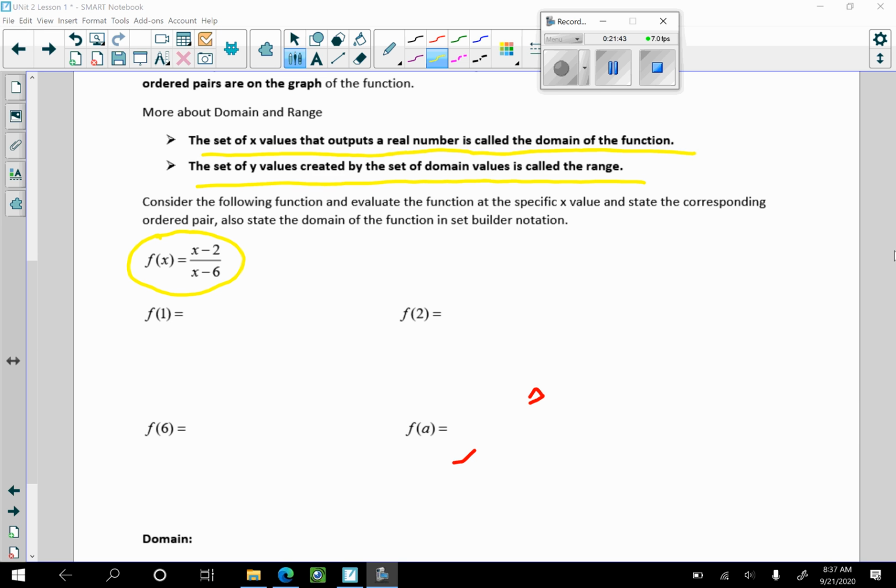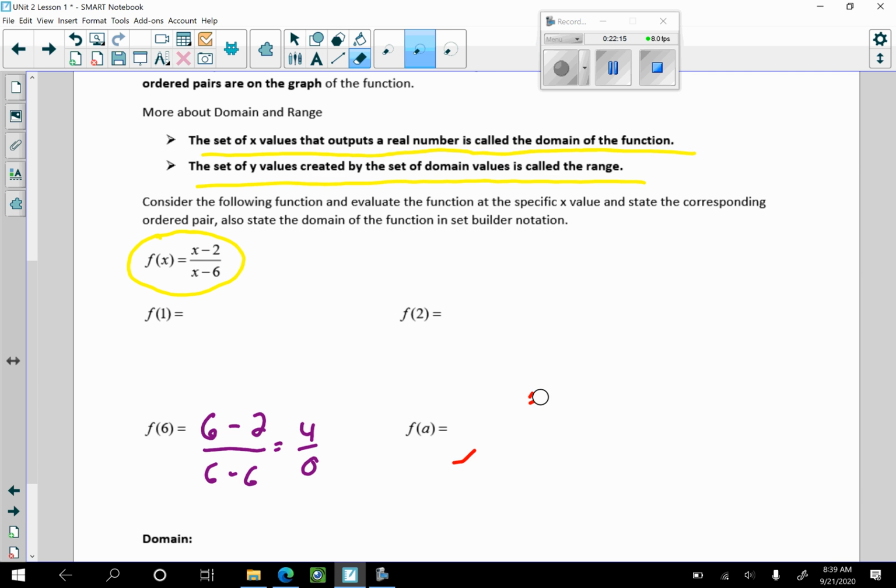If we jump ahead to this example and try to look at f of 6, f of 6 is going to be 6 minus 2 over 6 minus 6, and we get 4 over 0. And 4 over 0 is not a real number.